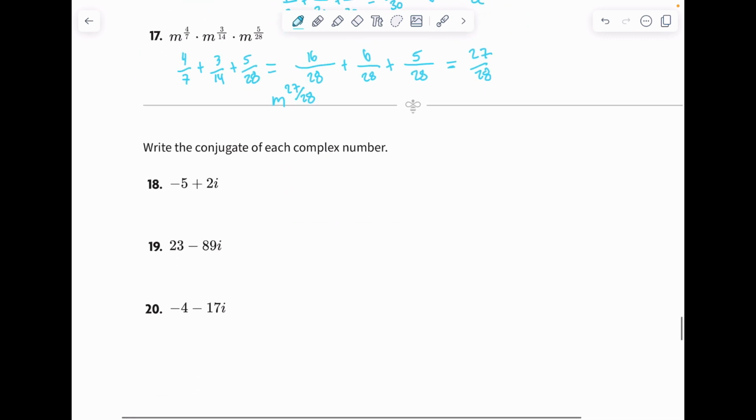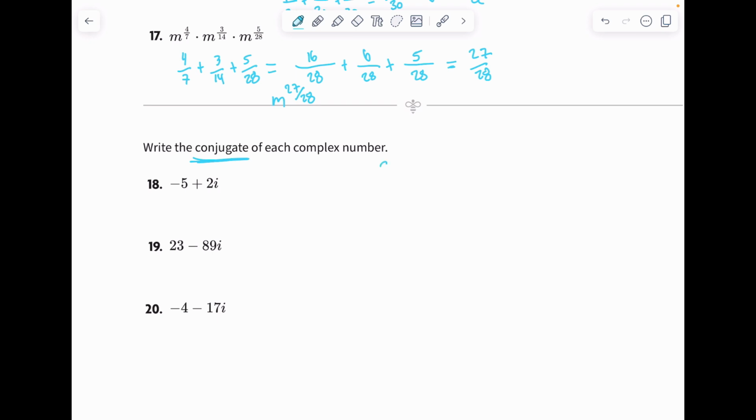This is a new concept for most of us: the conjugate of each complex number. So what exactly is the conjugate? In simple terms, it looks more difficult than it actually is.